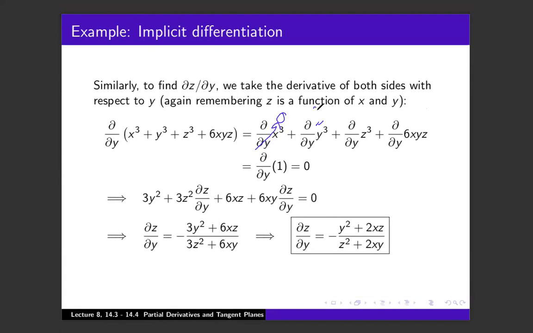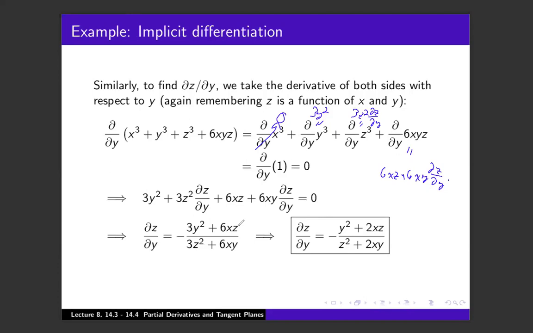This term over here becomes 3y squared, differentiating with respect to y. Again, we have to hit this with the chain rule, so this once again is going to become 3z squared del z del y. And then hit the last one with the product rule, giving us 6xz plus 6xy del z del y.